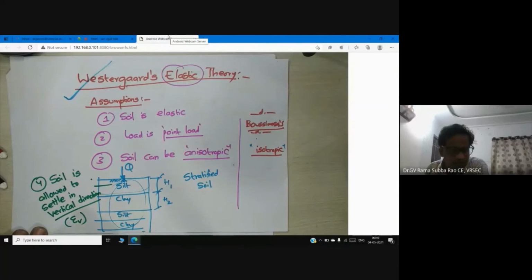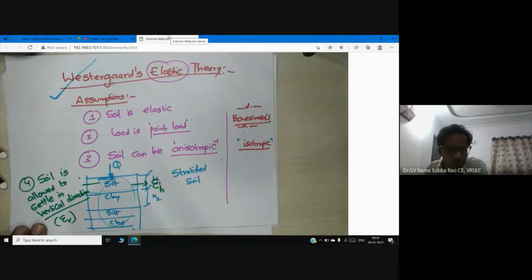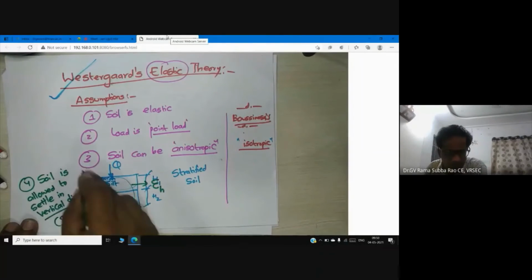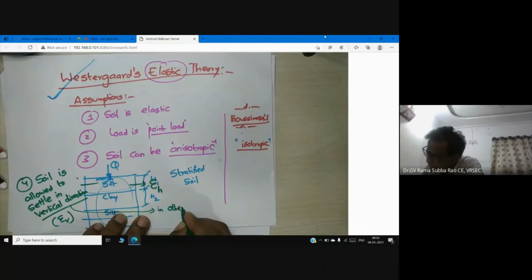Now someone can ask me, what about strain in horizontal direction? Westergaard himself made an assumption, the soil is laterally confined. I can write, in other words, the same assumption. In other words, soil is laterally confined.